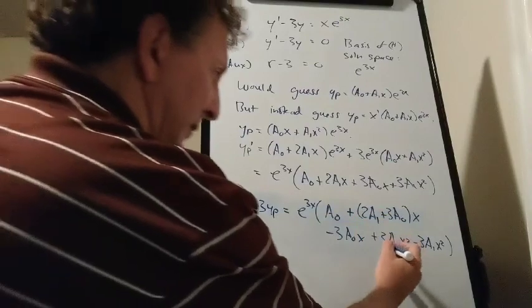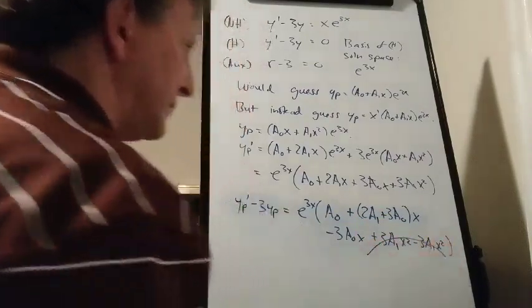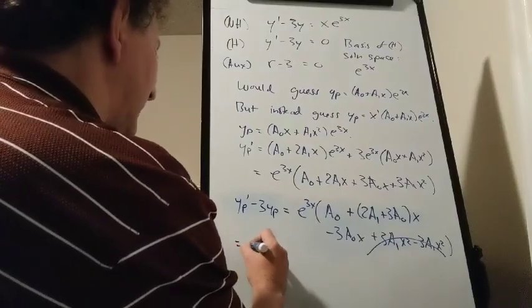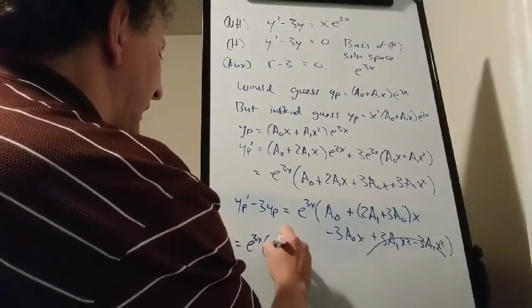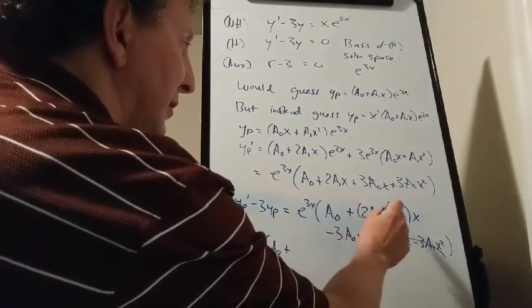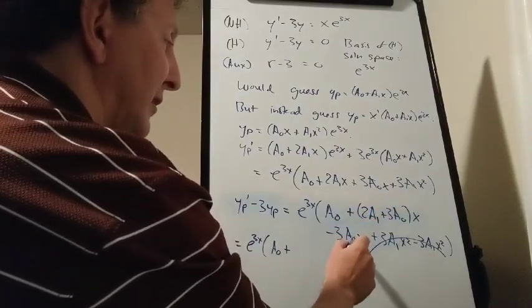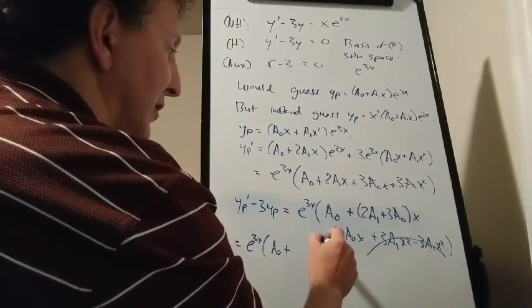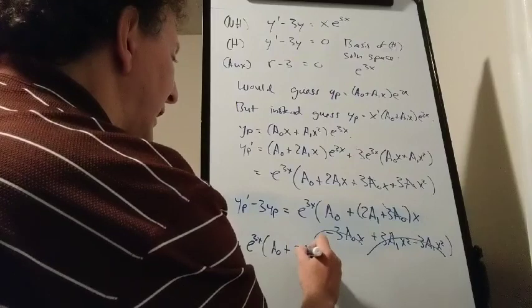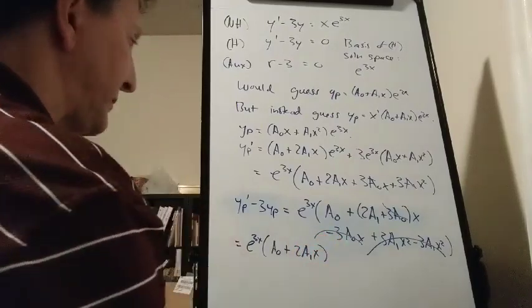So these two are going to cancel each other. And that is e to the 3x times a naught plus 2a1 plus 3a naught minus 3a naught x. Okay, so those two cancel each other, and we just have 2a1x.